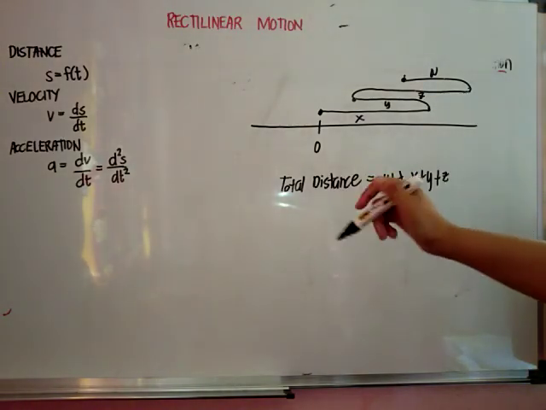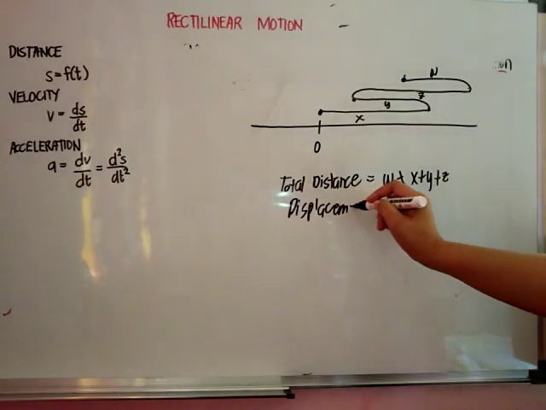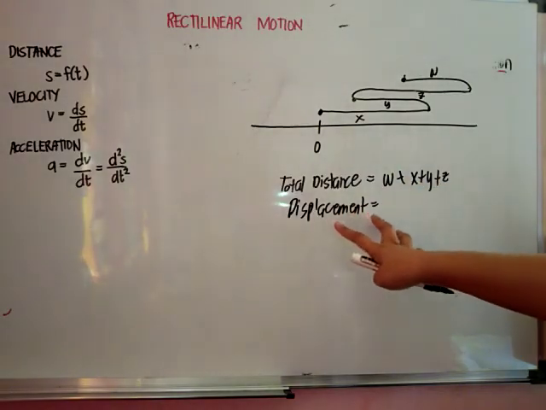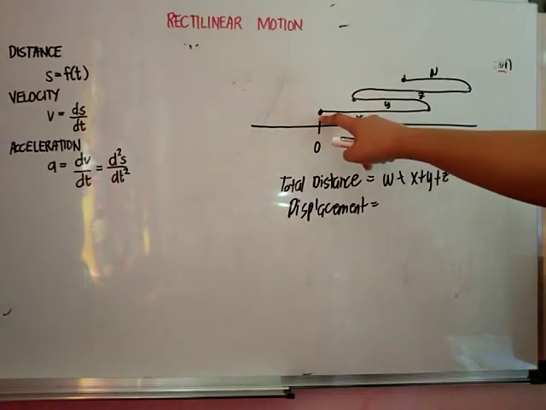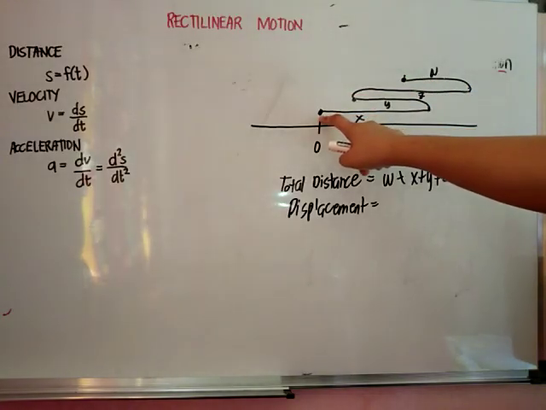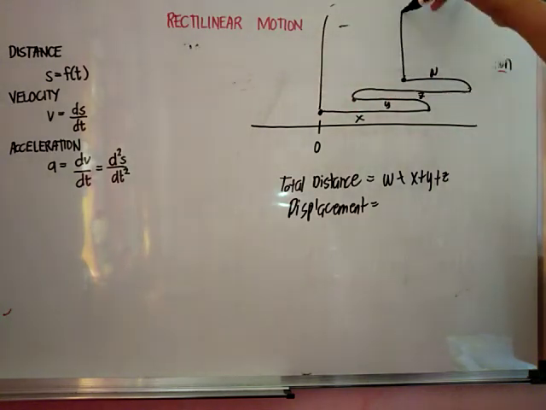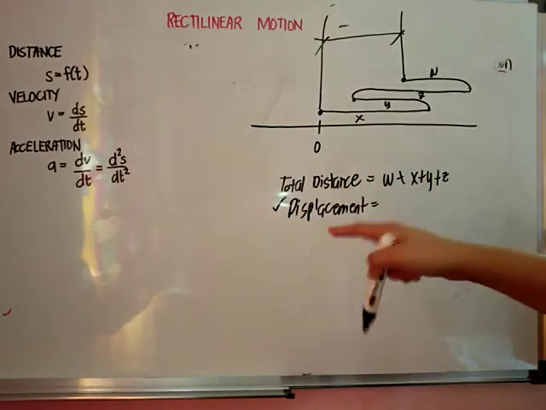Pero how about pag sinabi namang displacement? So, pag sinabi nating displacement, ang sinusukat mo lang is yung distance nung na-travel niya with respect to the reference point. So, therefore, ang distance lang na na-travel niya is ito lang. Ang displacement, kapag sinabi nating displacement.